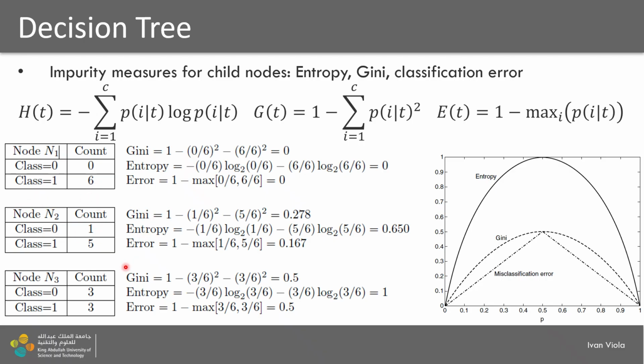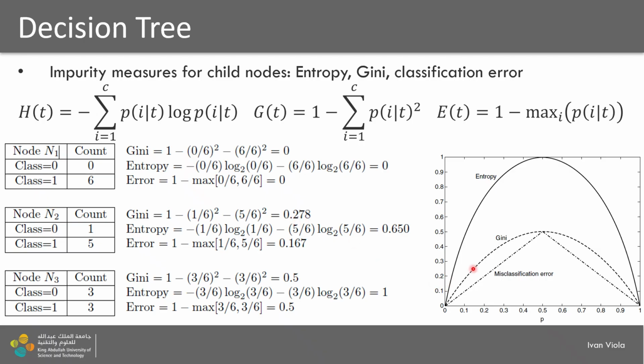If we have another scenario, a node that is not completely pure, but one element is there from class 0, let's see how these measures calculate that. For Gini we have 1 minus 1/6 squared minus 5/6 squared, which in total gives us 0.278.